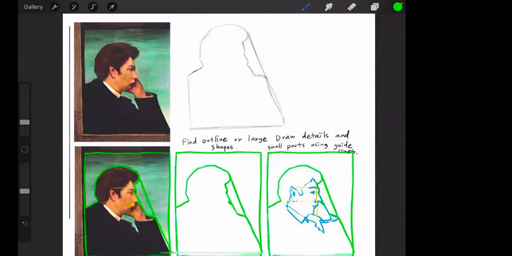Horizontal guideline. So the notch ball and the neck, they are on the horizontal guideline. So if you drew the shoulder like that, you can adjust it. You can move it up like that.